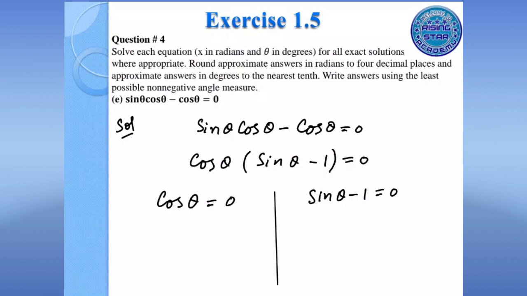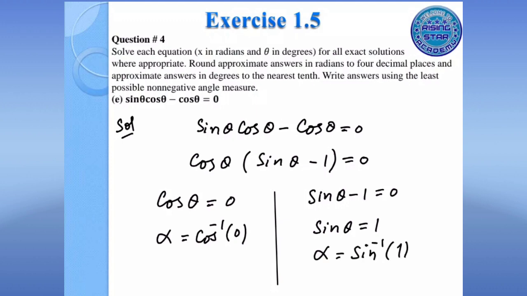Now we will find the basic angle for it. So alpha would become cos inverse of 0, and here we have sine theta is equal to 1, and now alpha would be equal to sine inverse of 1.